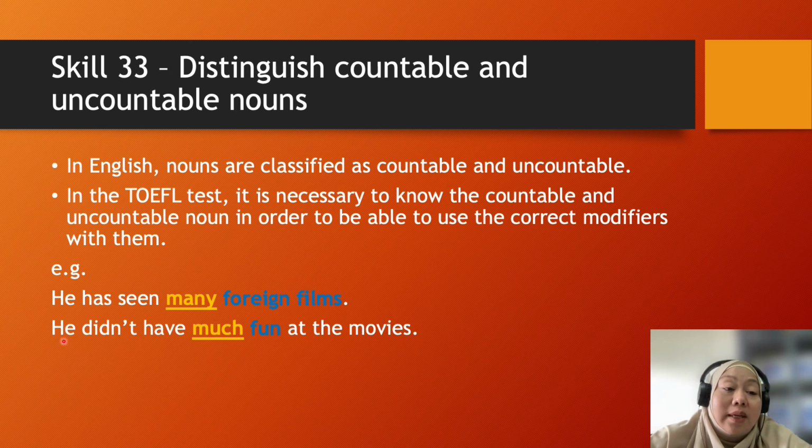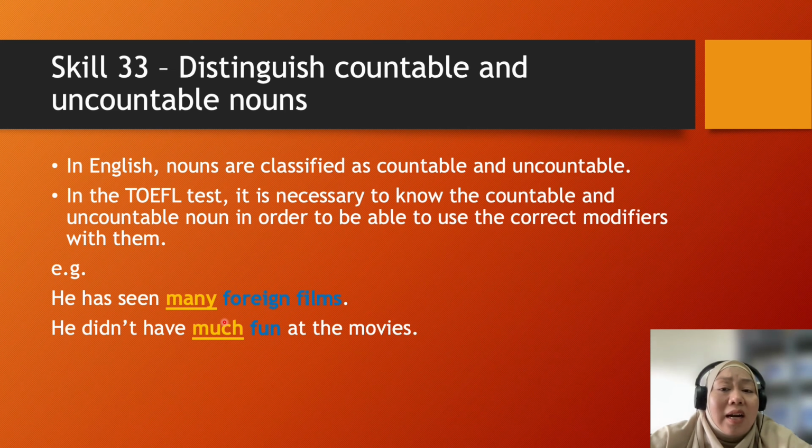And then the second one, he didn't have much fun at the movies. Here the noun is fun, which is an uncountable noun. Therefore, we use much instead of many, because much is used as a modifier for uncountable nouns.